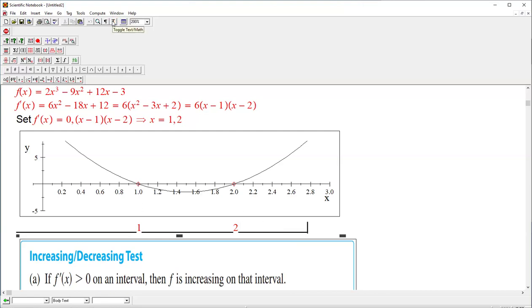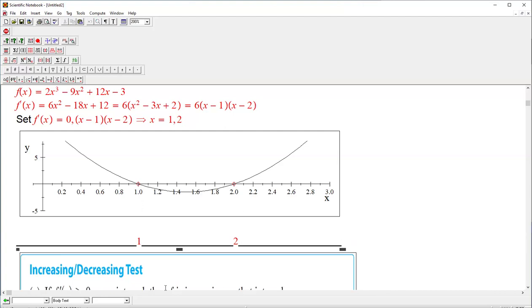The derivative is positive to the left of 1, at 1 it is 0, between 1 and 2 it is negative, at 2 it is 0, and after 2 it is positive.